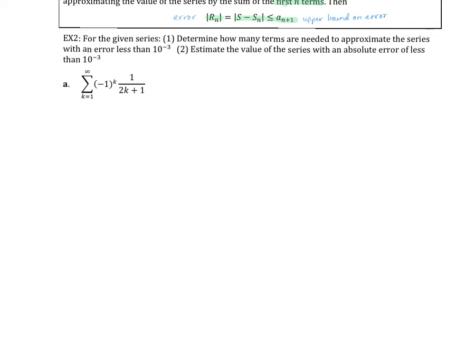To be able to use the theorem, remember the first thing I need to check is to make sure that my alternating series converges. Notice that the a sub k that I'm using is 1 over 2k plus 1.